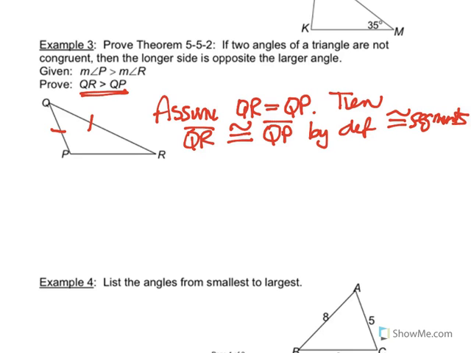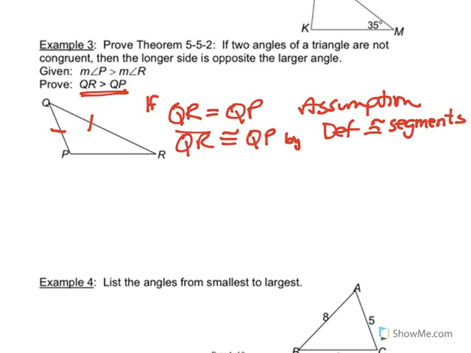Okay, I just kind of rewrote that so that we can look at our assumptions and our reasons like we do our regular proofs. It's easier for me to see, and hopefully it's easier for you too. So again, if we make an assumption that QR is equal to QP, then we can say that line segment QR is congruent to line segment QP by definition of congruent segments.